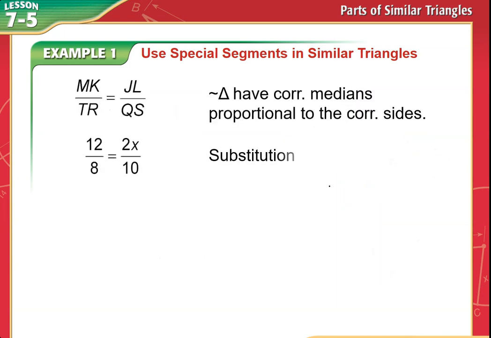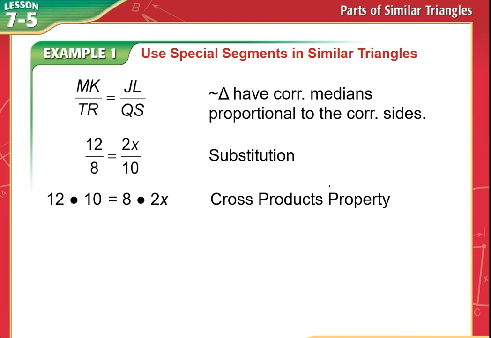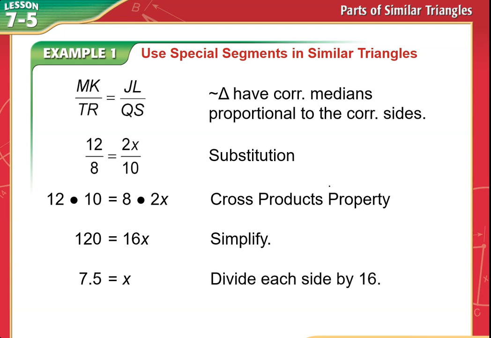We can solve this by cross multiplying, and we get 120 equals 16x. Divide both sides by 16, and you get x equals 7.5. In the next problem, we're going to try to find the value of x using one of the other theorems.